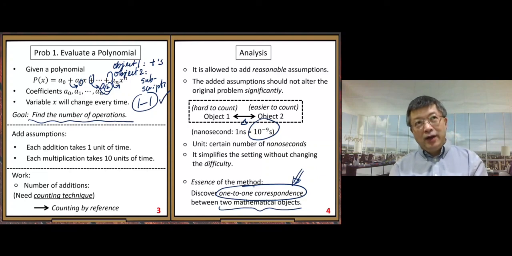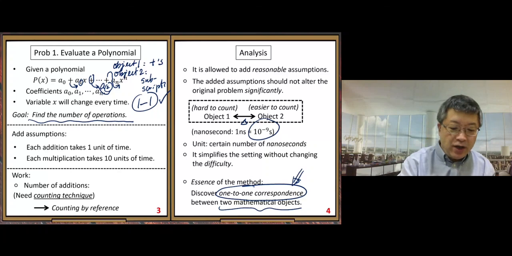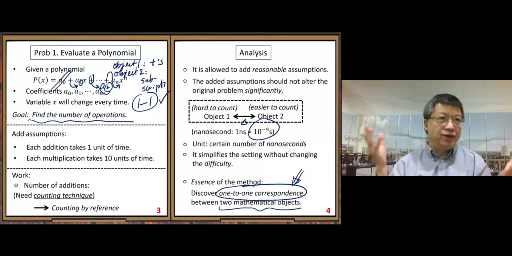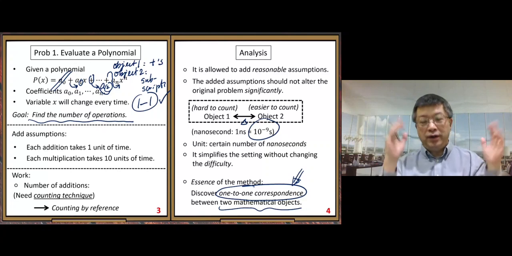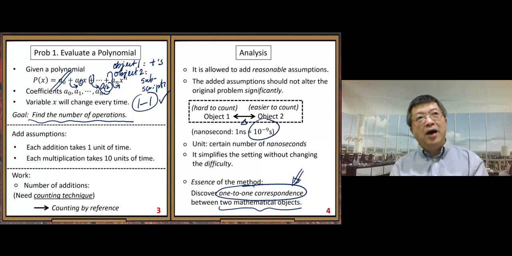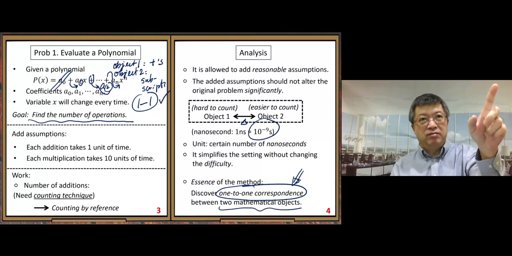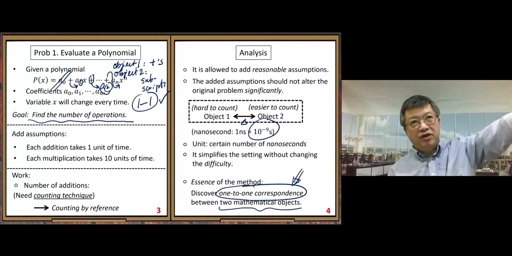Next, is it easy to count the number of subscripts? Excluding a0, the first coefficient, which has no plus sign associated with it, so we ignore it. Now you tell me how many subscripts other than the first one.